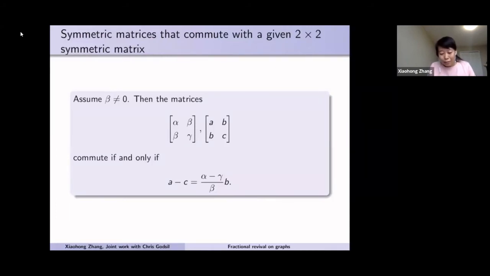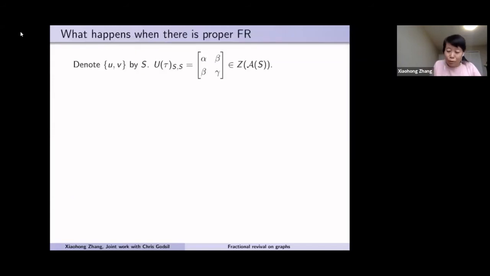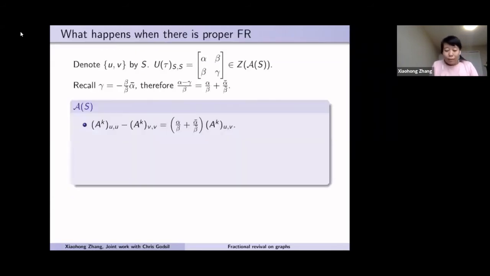So using this result, let's come back to our algebra. We know all the A raised to k restricted to U, V, the 2 by 2 submatrix, commute with the smaller submatrix of U at tau. So in fact, that condition tells us the number of closed walks of length k at U minus the ones at V is a fixed scalar multiple of the walks of length k from U to V, for any non-negative integer k.